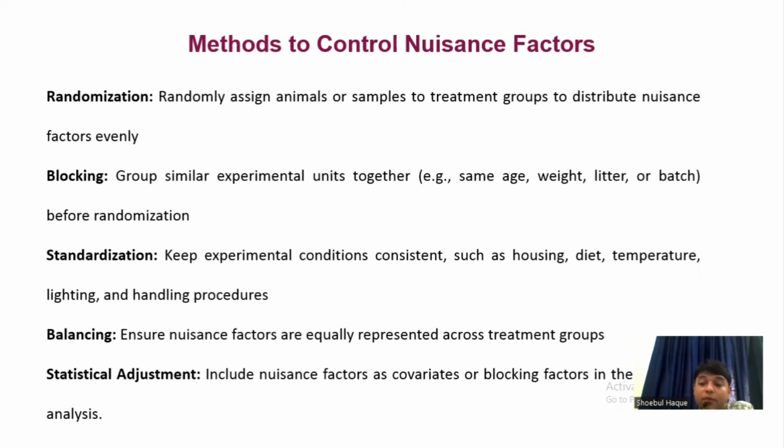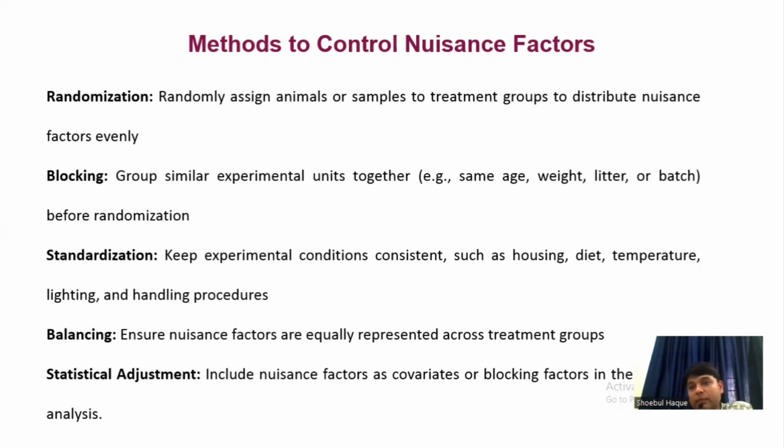So drug is the factor of interest that may or may not change the weight of the rats. But some other factors also, like stress, like the position of the cage, making a stressful condition for the rats, can also change the weight of the rat, because that may lead to a decrease in weight because of the stress. So those factors are known as nuisance factors.